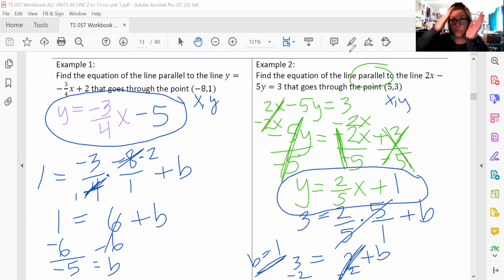And if I were to graph them, we could see that they were parallel. That's always the next step if you want to check, but it is not required. As long as you have a y-intercept formula with the same slope, you should be good.